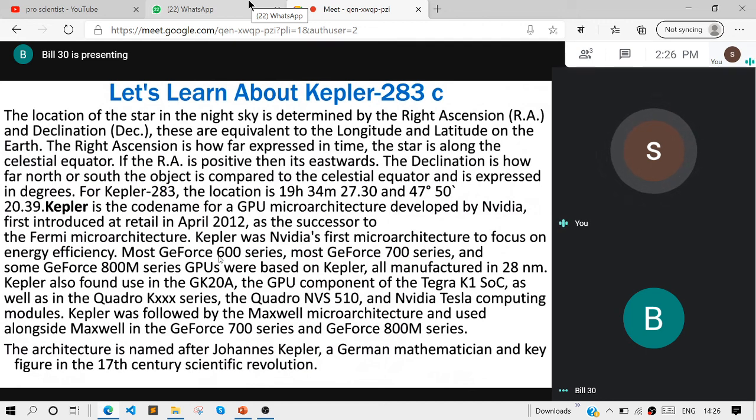Most GeForce 600 series, most GeForce 700 series, and some GeForce 800M series GPUs were based on Kepler, all manufactured in 28 nm. Kepler was also used in GK20A, the GPU component of the Tegra K1 SoC, as well as in the Quadro KXXX series, the Quadro NVS 510, and NVIDIA Tesla computing modules.